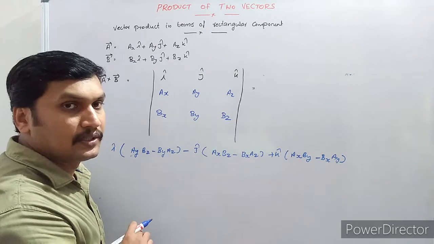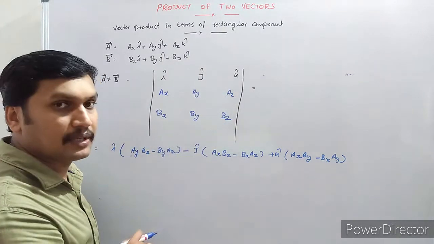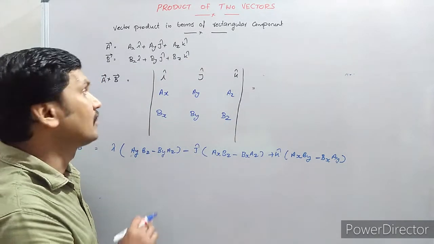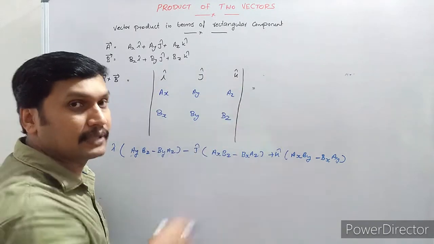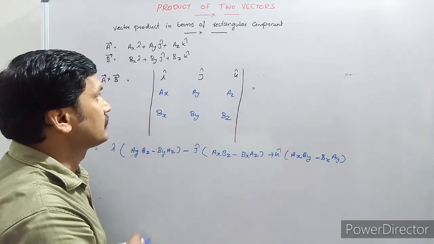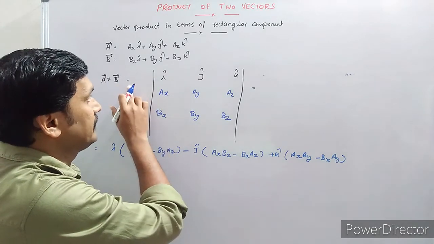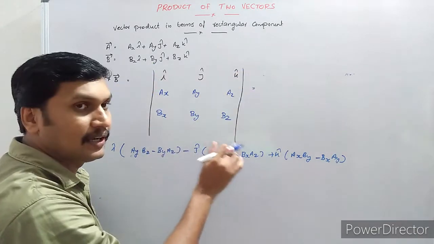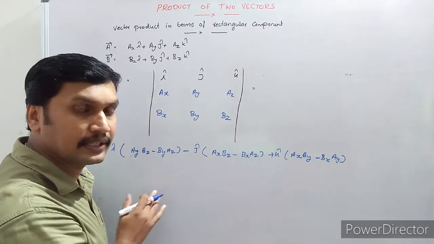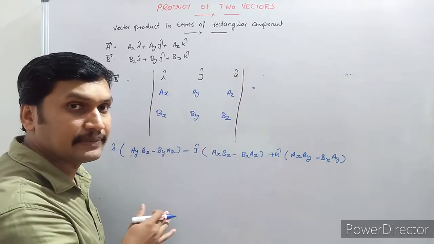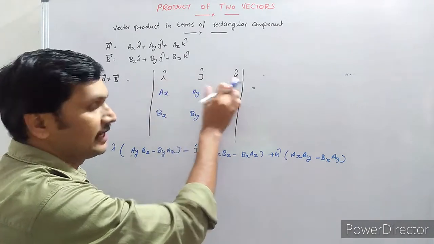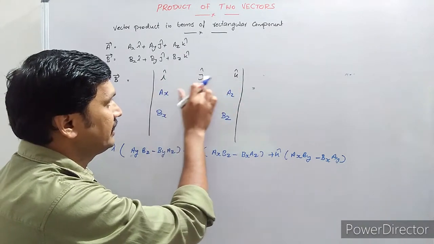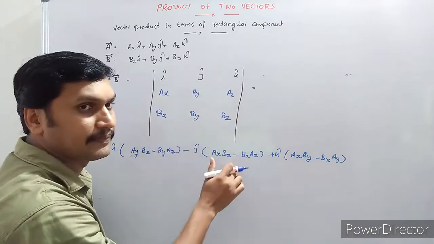To find a cross b, the simplest method is to write it in determinant form. First draw two parallel lines; it is a mathematical operation we call a determinant. First write the unit vectors i, j, k in this order within the two lines.